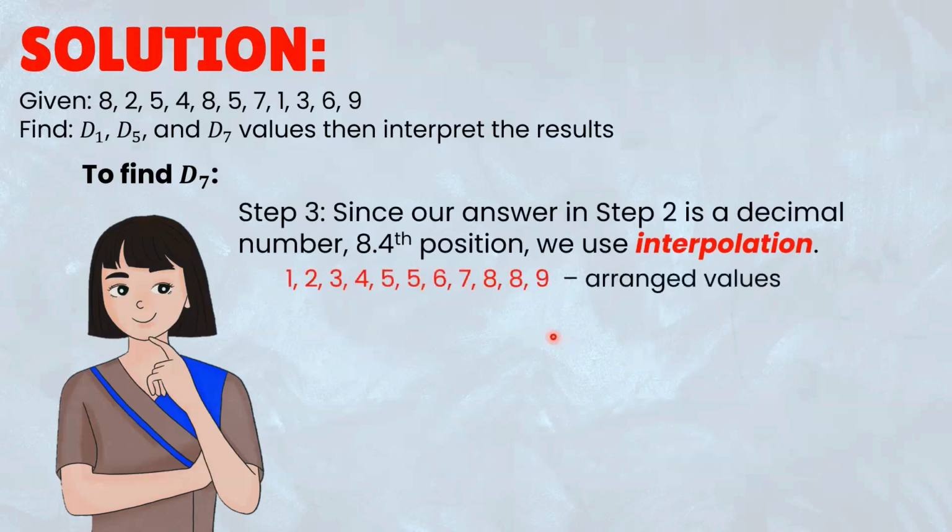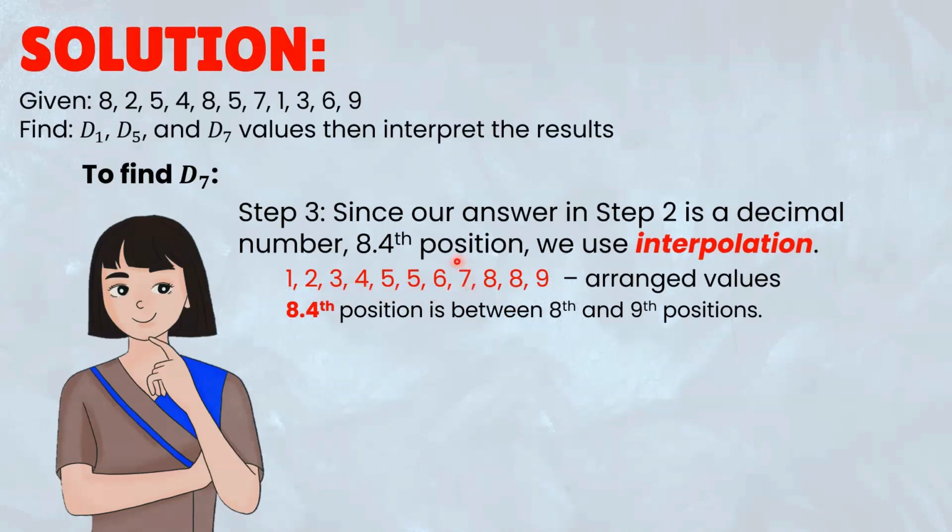So we go back again to our arranged values in step 1. So 8.4th position is between the 8th position and the 9th position. So we have here 1, 2, 3, 4, 5, 6, 7, 8. This is the 8th position and this is the 9th position. So the score that corresponds to the 8th position is 7.